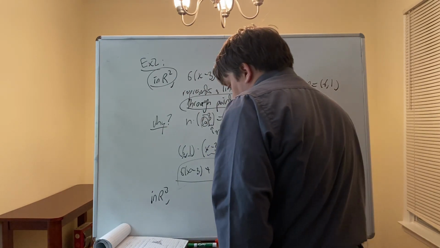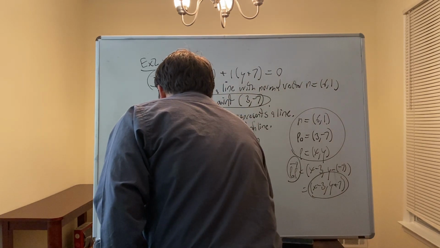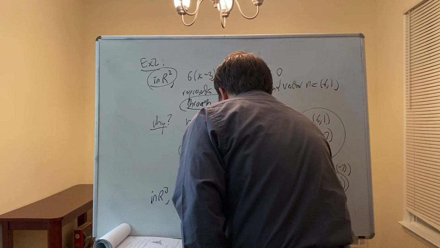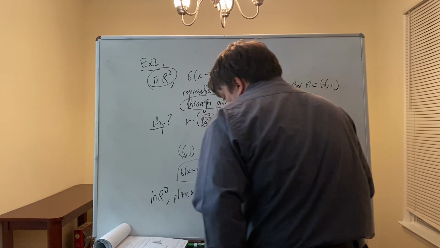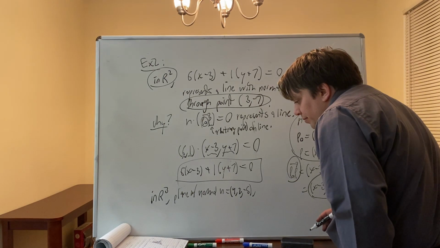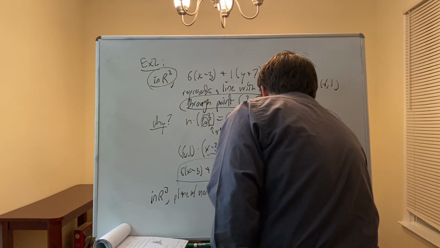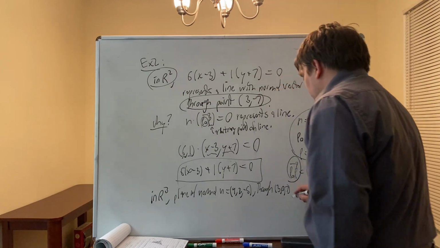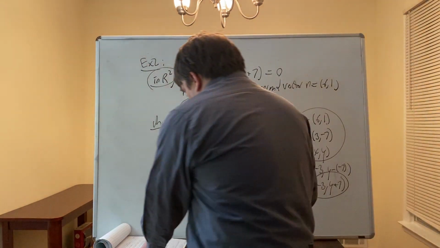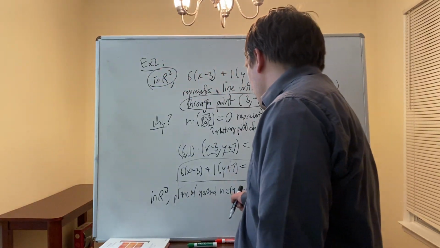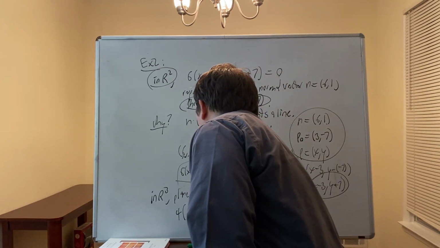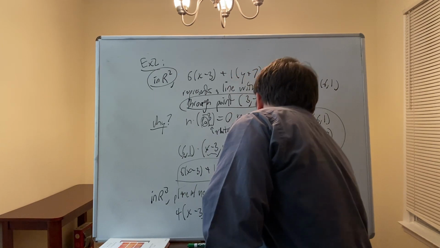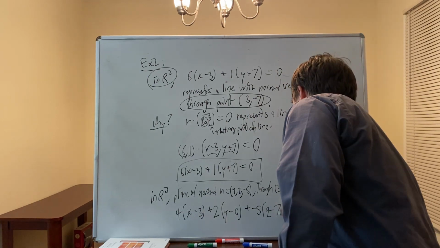so in R3, if we were to talk about the plane with normal n equal to (4, 2, -5), and it goes through the point (3, 0, 7), then the equation representing it would be the first component 4 times x minus 3, plus 2 times y minus 0, plus -5 times z minus 7, and that would equal 0.